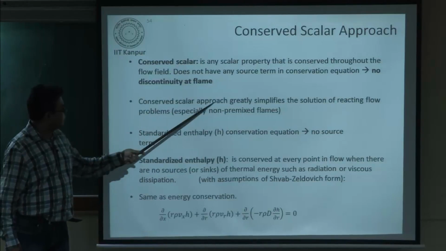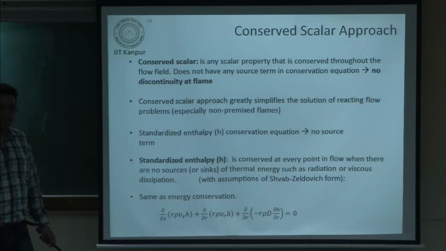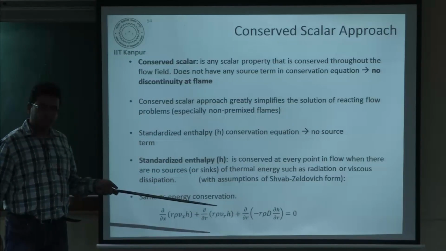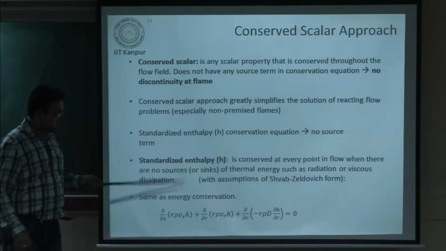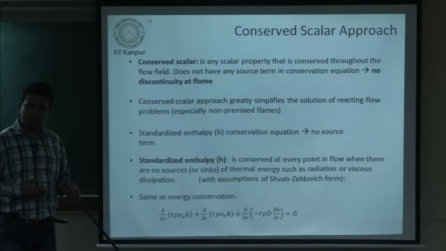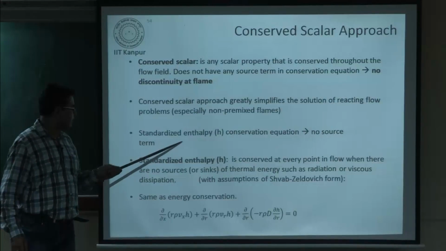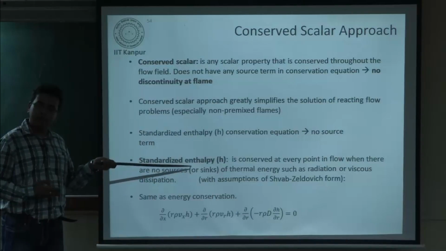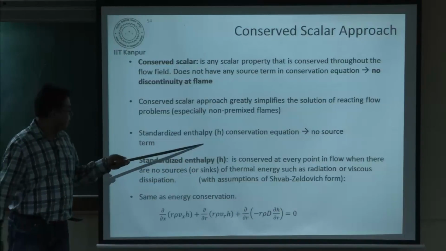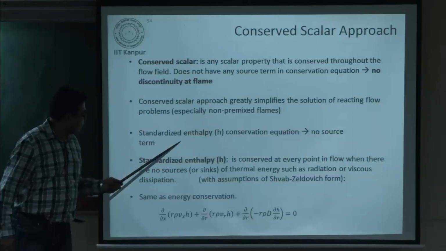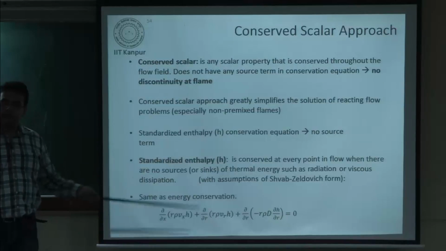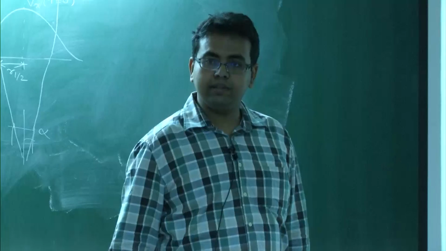Now the conserved scalar approach greatly simplifies the solution of reacting flow problems, especially for non-premixed flames, okay. We can define this conserved scalar based on our requirement. One of the conserved scalars could be the standardized enthalpy, right. You all know the standardized enthalpy, Professor Argode introduced that to you, so I am not going into that. But if you write down the transport equation of the standardized enthalpy, you will find that there is no source term, and that helps, okay.